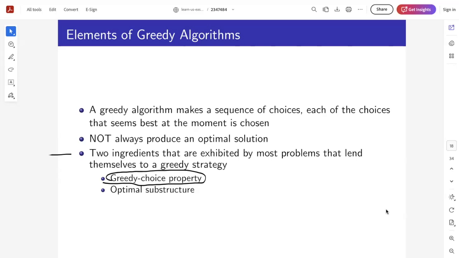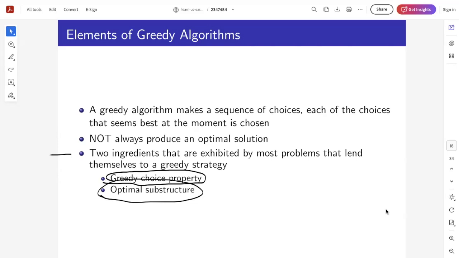The second one is usually always true, which is optimal substructure. So from your solution, the subset of it after you remove the greedy choice, the remaining selection will also be optimal for the remaining part of the activities, right?